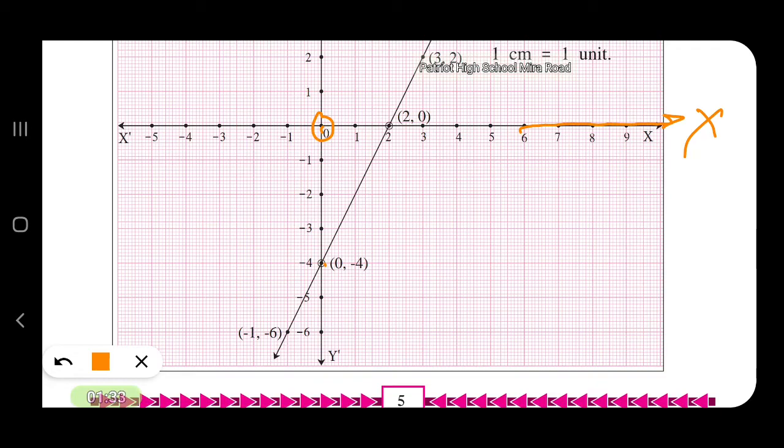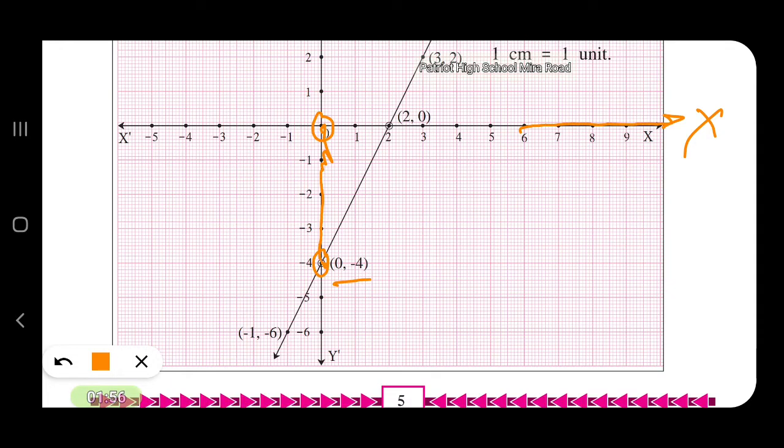So starting from here, you come down to minus 4. So this is your point, 0 minus 4. This is the ordered pair, 0 and minus 4, and it represents the point here on the graph.